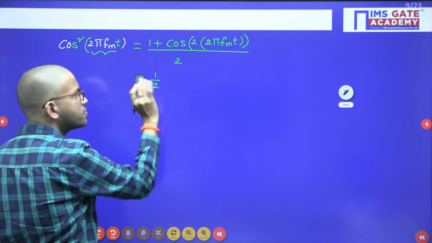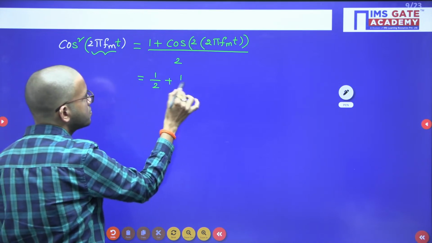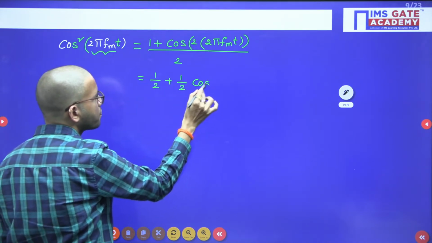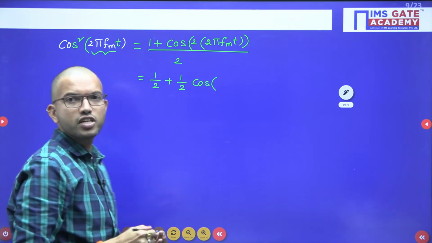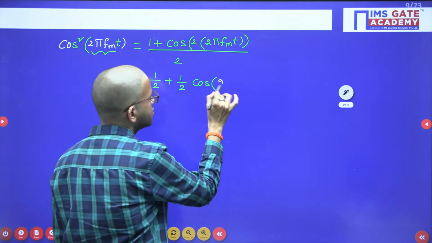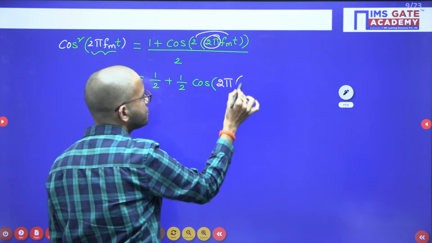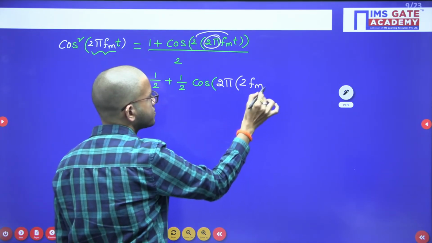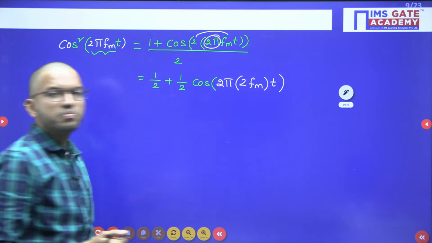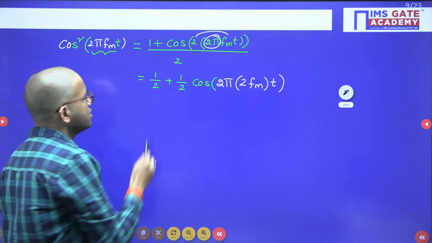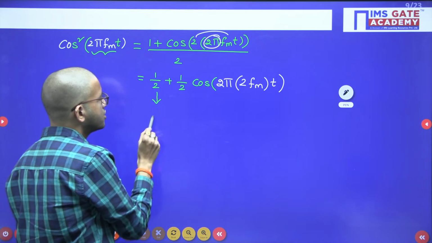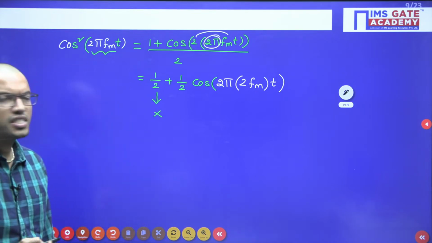So this one I am splitting into two terms, 1 by 2 plus 1 by 2 into cos. Here also I am writing in the standard 2 pi f format, 2 pi, then 2 fm into t. Now tell me, obviously this is the DC term, it won't pass.